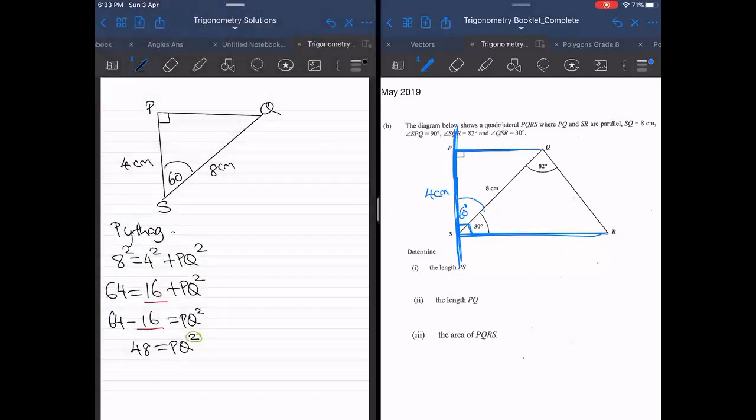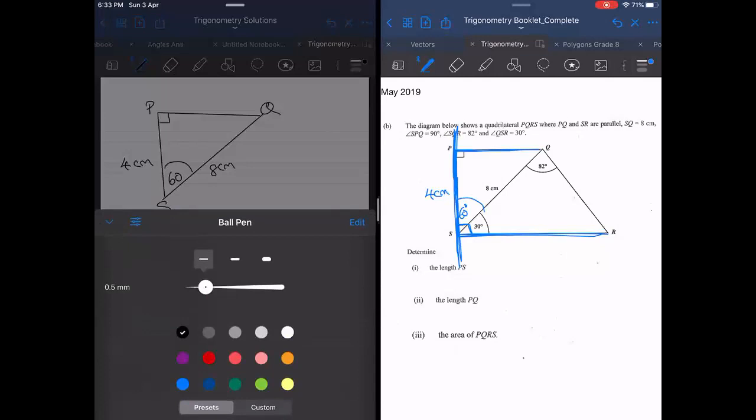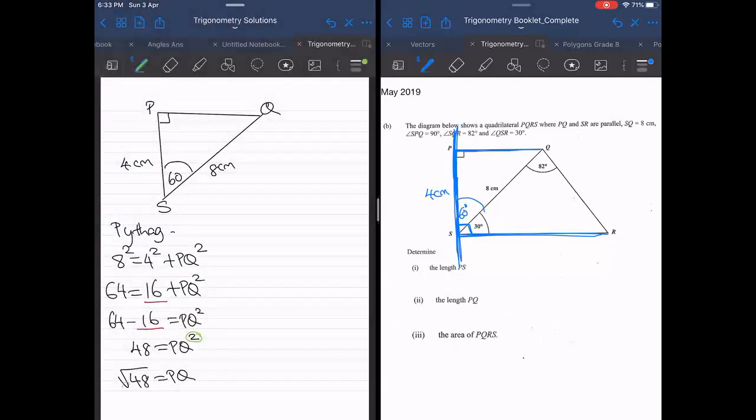And to get rid of the square, we have to square root. So you should be getting 6.9 or 7. Yes, that's fine. So that's doing it using Pythagoras' theorem.